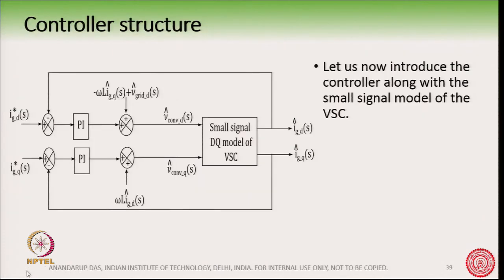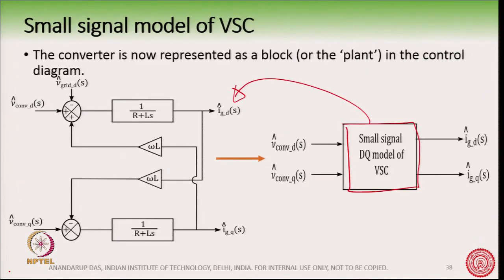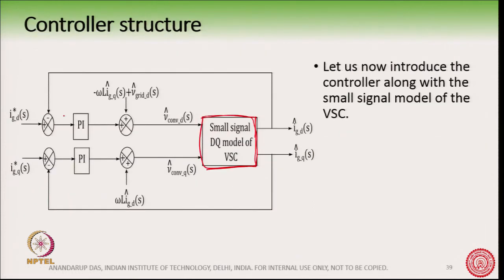Now you see that this is the VSC model. So, now we are in the control structure, inside the control blocks. So, this is the small signal DQ model of the VSC, which is nothing but this equation here. And inside the controller we have this feed forward term. So, this is the feed forward term.